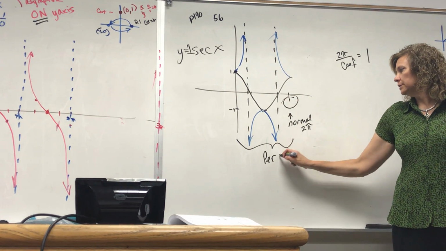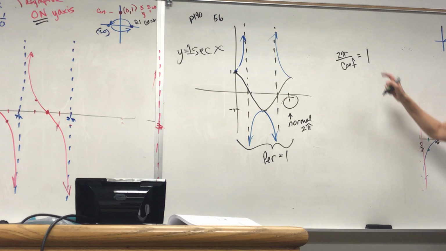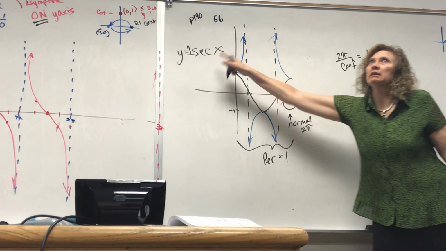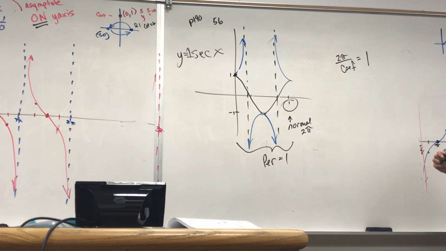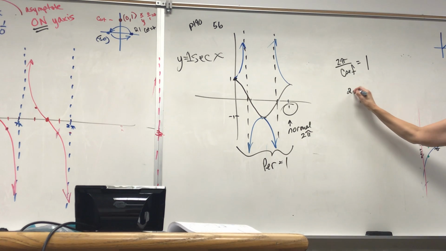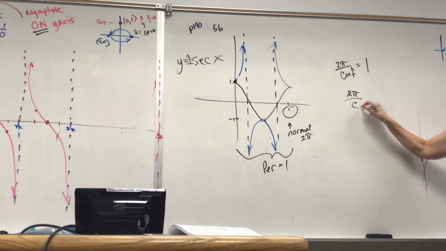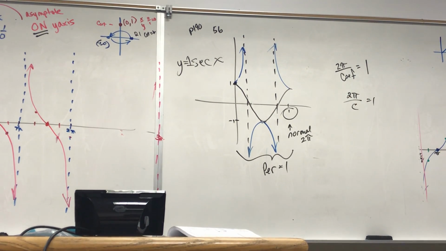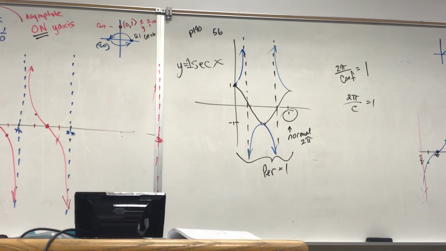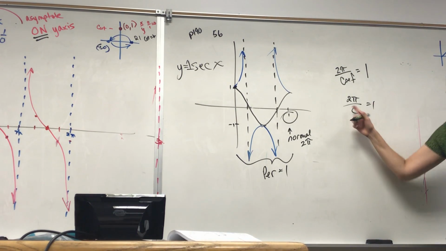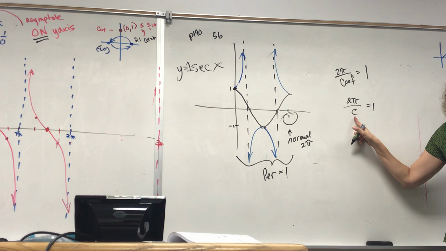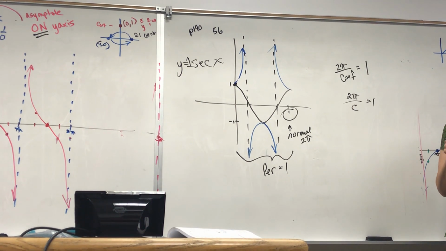It is 1. So when I say 2 pi divided by the coefficient I need, I'm going to get 1. Okay, and if we want, we can simplify this by just calling it C for coefficient. I don't know if the book uses C or B or whatever. All right, I need to solve for this. What could I do? Multiply both sides by c.